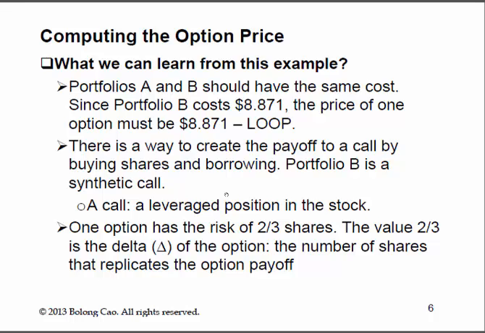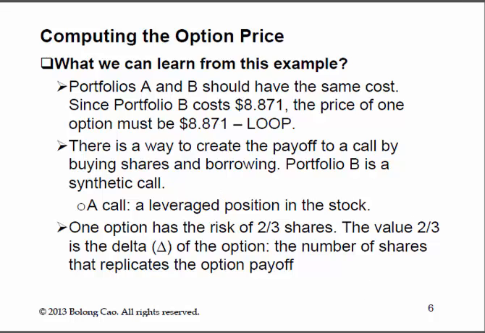So we can also see that a call option itself is a leveraged position in the stock. And in this option, it has the risk of 2/3 shares of the underlying. The value 2/3 is the delta of this option. That is the number of shares that helps us to replicate the option payoff.